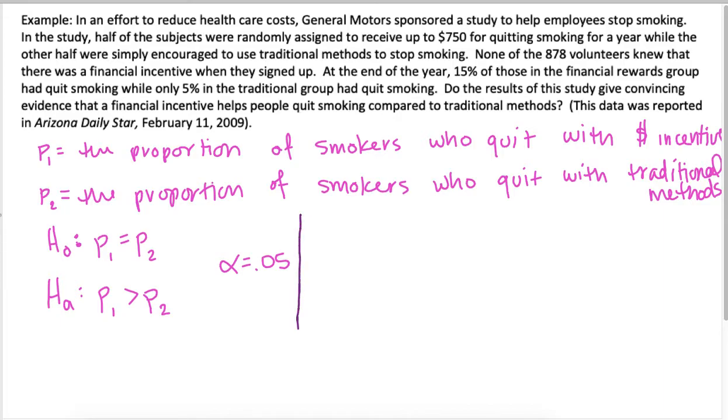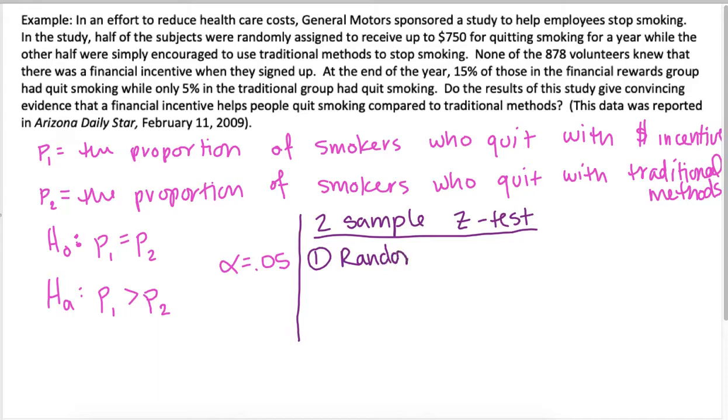All right, so our plan to test this hypothesis is to do a 2-sample, we have 2 different populations, z-test, and make sure that the conditions have been met for both populations. So make sure that we have randomly selected. Okay, well, this is randomly assigning them.